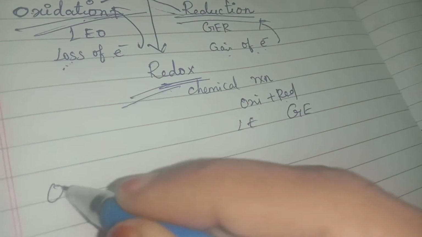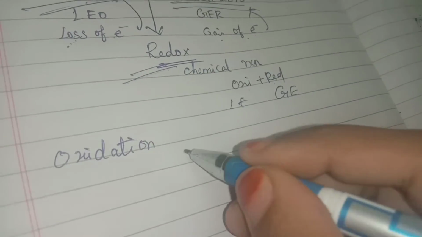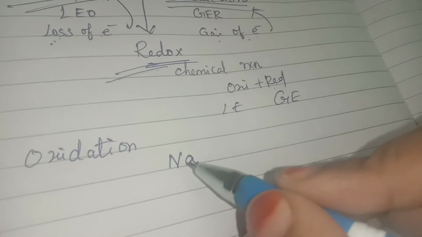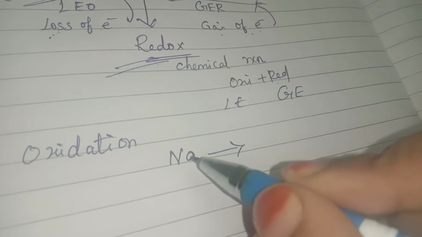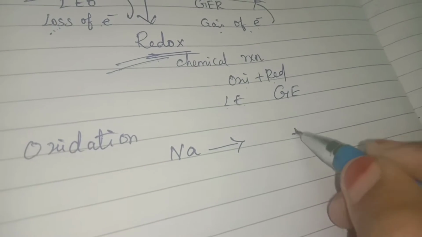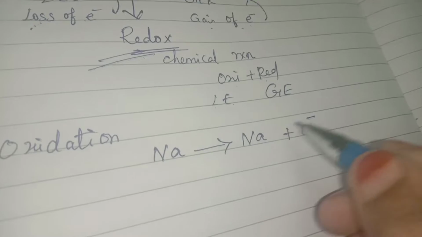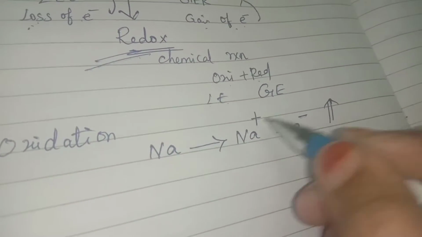First I will say the oxidation reaction example. Sodium we are taking here. Na is the symbol for sodium. Oxidation means it will lose an electron, loss of electron. So it is losing an electron. After losing the electron the oxidation number will increase, so it is gaining a plus charge here.